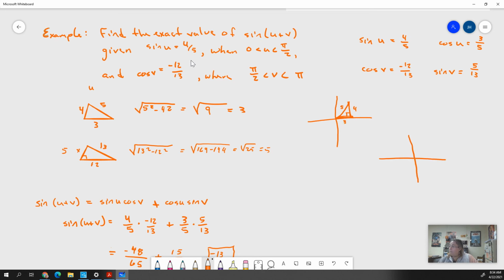And so what we would be looking at is something that went kind of like this, right? And this would be 13. This would be 12 this time, because it would be our adjacent, and we would have to be figuring out what this one was, which we discovered was 5. Just to kind of get an idea of what that looks like in a graph.